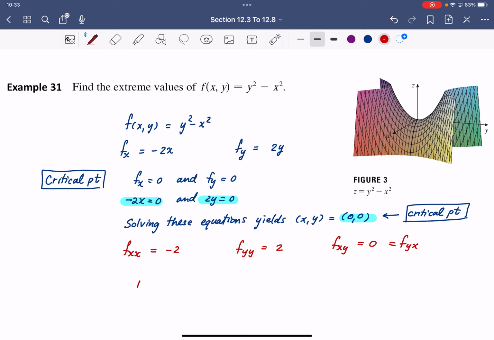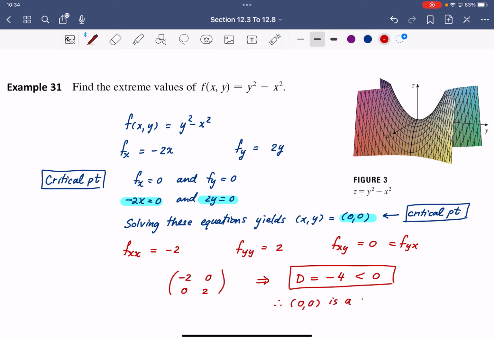Right, and then you put it in the metric D, which is going to be negative 2 times 2 minus 0 times 0. So D is going to be minus 4, which is less than 0. This is the metric that helps you. So D is minus 4, less than 0, which means (0, 0) is a saddle point.